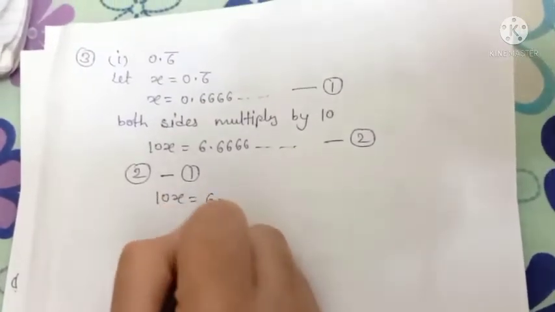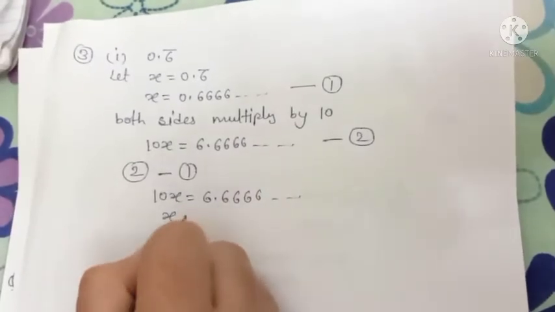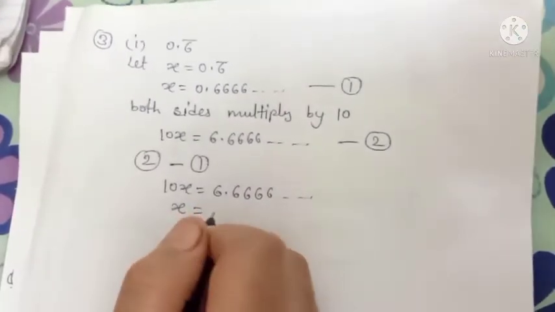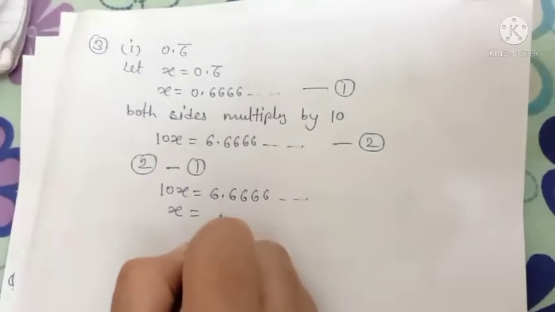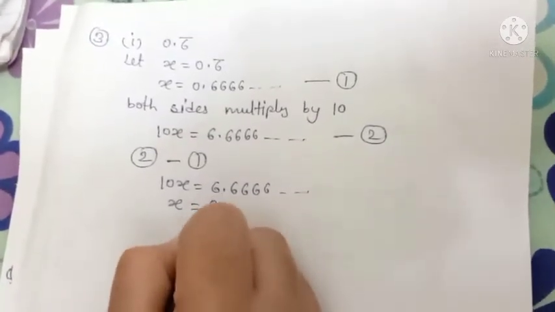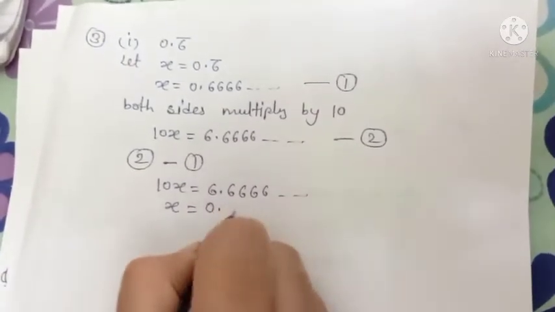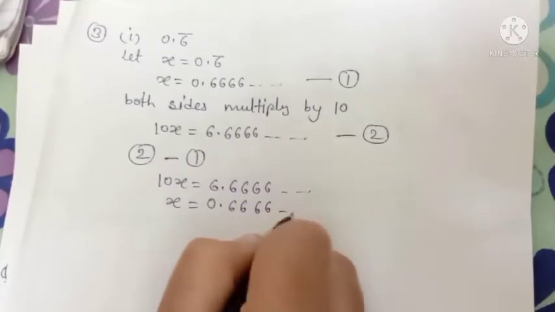10x is equal to 6.666 and the first is x is equal to 0.666. The decimal must be below the decimal. So first we take the decimal, and on the left-hand side there is a 0 and on the right-hand side 666.